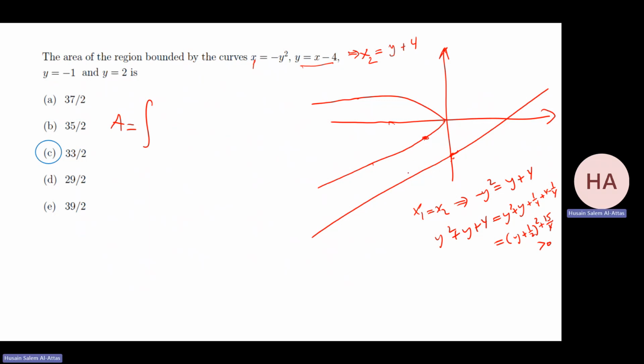I need y equal minus 1. When minus 1, this is minus 4. Minus 1 is somewhere here. X equal 0, that is minus 4. Yes, you're right, this is y equal minus 1. It will be something like this. And y equal 2.